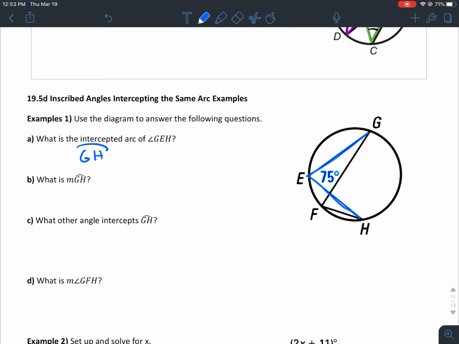Well, we know that the angle GEH intercepts that arc and it's 75. So the arc itself has to be twice that value. So it's going to be 150 degrees, and I got that by doing 75 times 2.